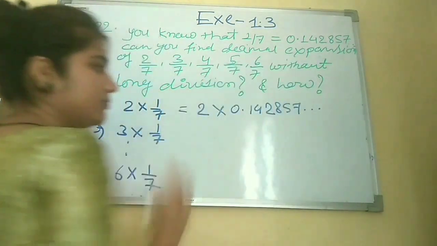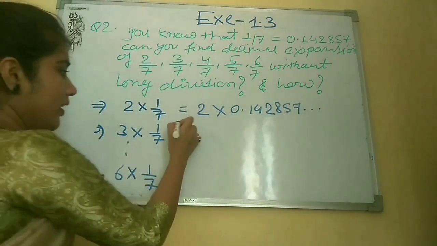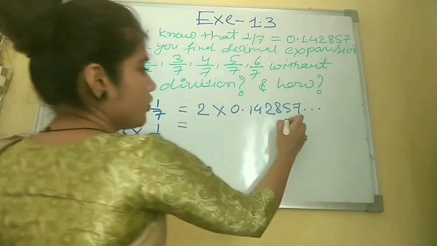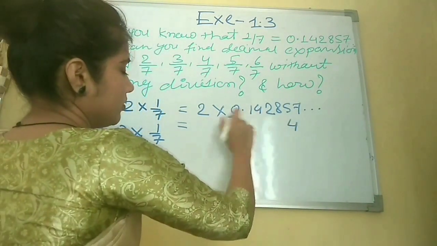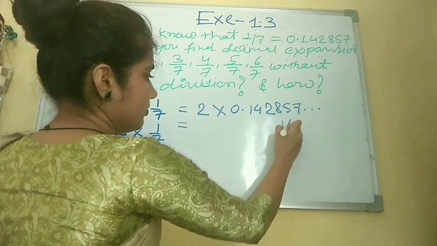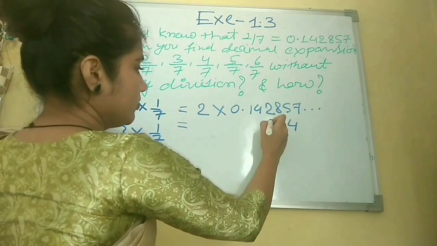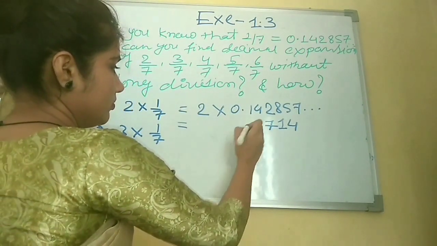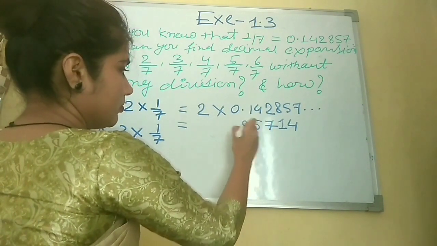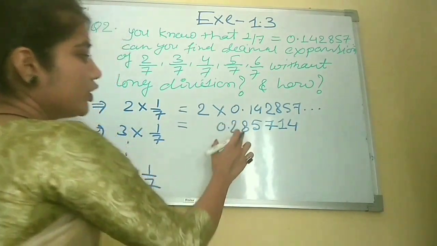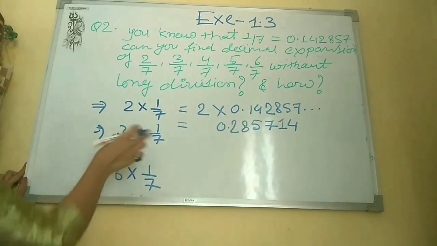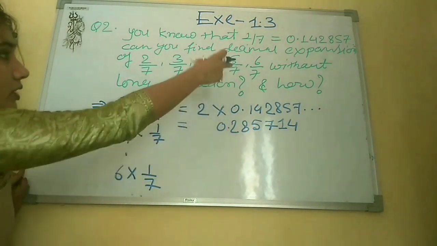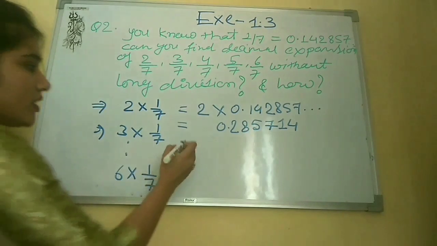We just put this value, 0.142857 up to infinite, and we simply multiply this 2 with these numbers. So what we will get? 0.285714. Same with these numbers, we simply multiply with 0.142857.